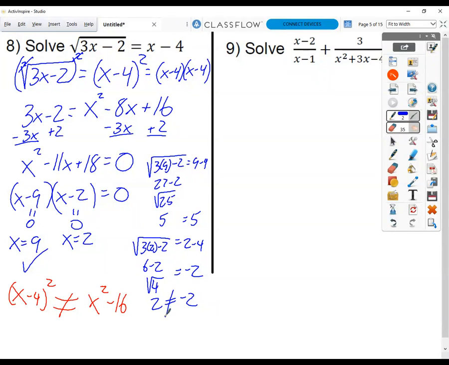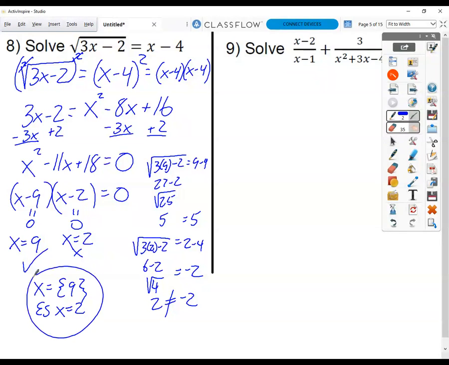It does not. Therefore, 2 is wrong. And the solution on your quiz is going to be x equals 9 with an extraneous solution of x equals 2. This is going to be one of your fill-in-the-blank questions.